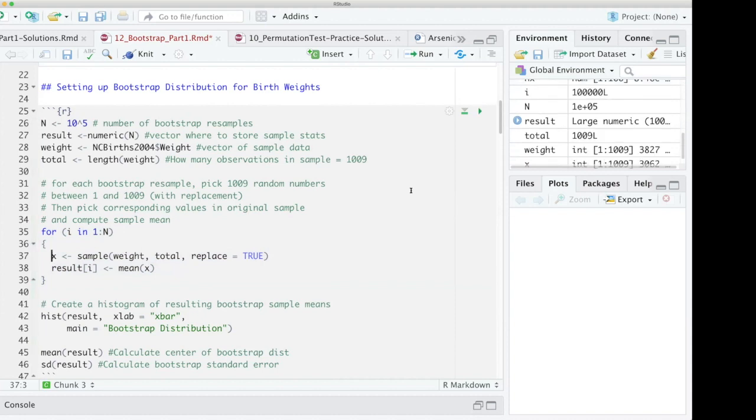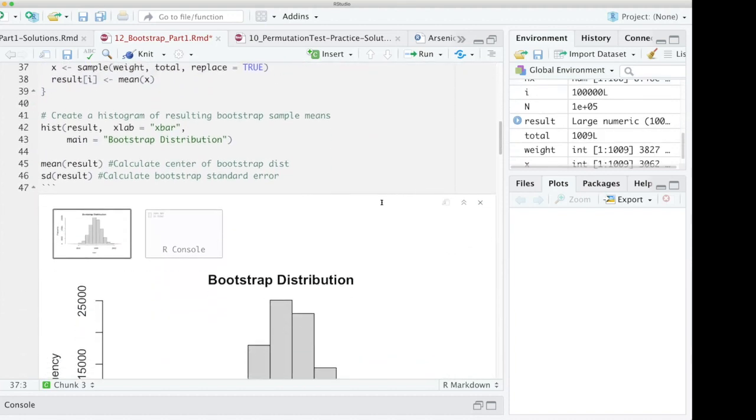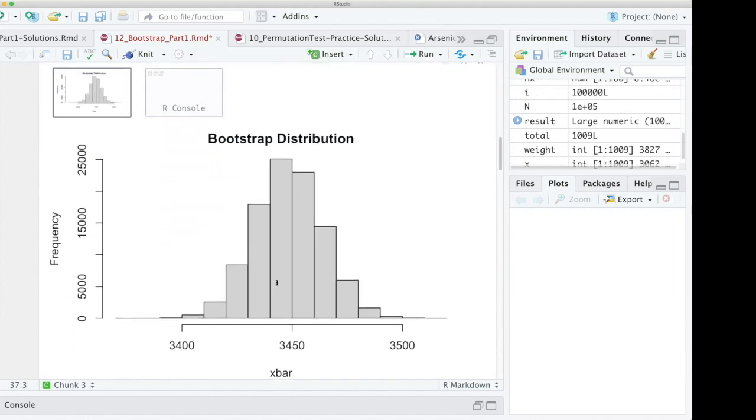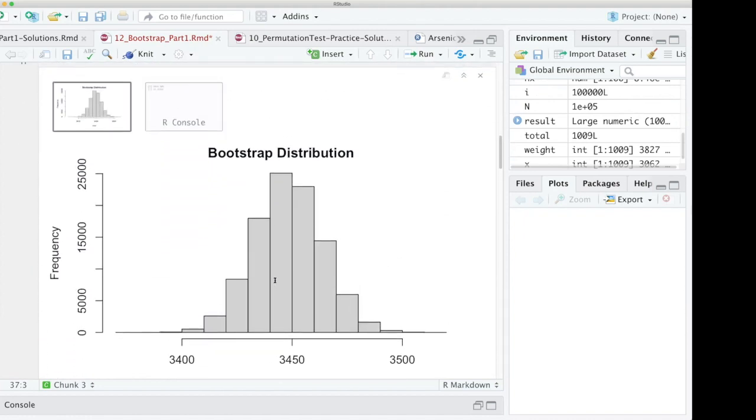Sorry, my computer is a little slow today, but here's the bootstrap distribution. So this is not a sampling distribution, but it's using a bootstrap distribution to approximate the sampling distribution.